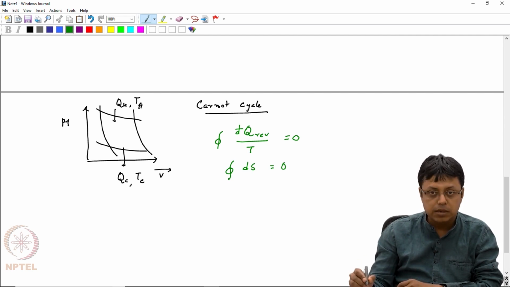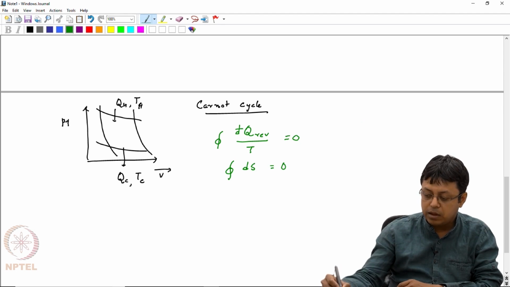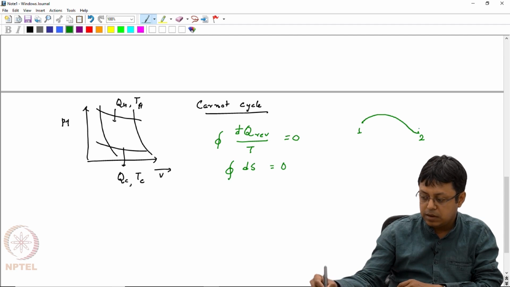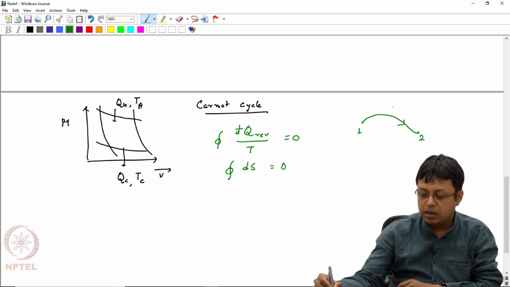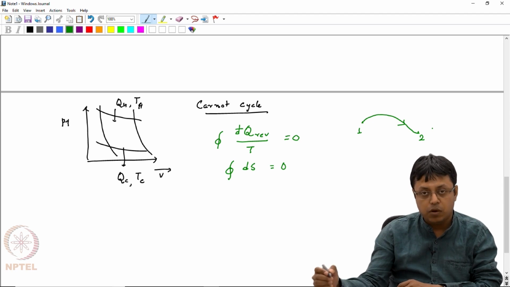Now this reversibility is very important. Suppose the system is undergoing a change in state from state 1 to state 2 along some path. If the path does not follow a reversible path, then that heat change divided by temperature is not actually dS.